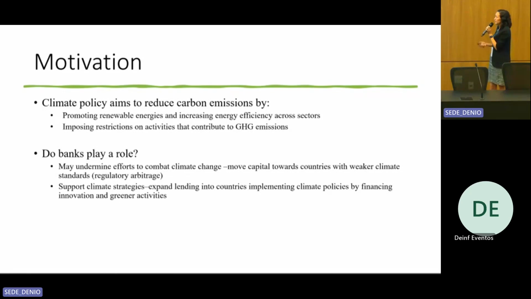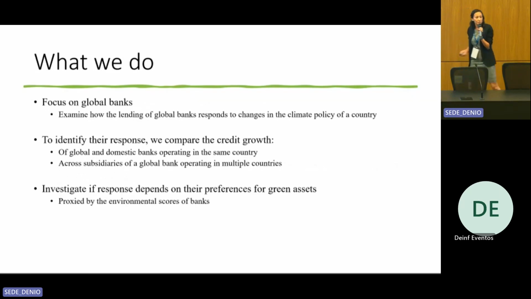However, if banks have a preference for green assets, then banks may be financing innovation, may finance greener activities, and may expand lending in countries that are strengthening and implementing climate policies. So the role that banks play is unclear, and this is what we're going to try to empirically answer.